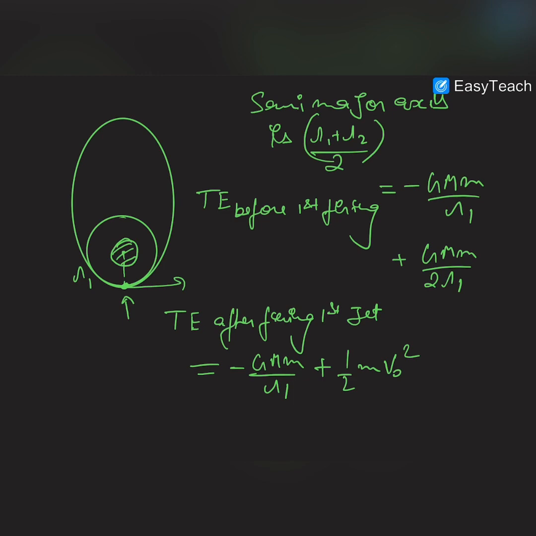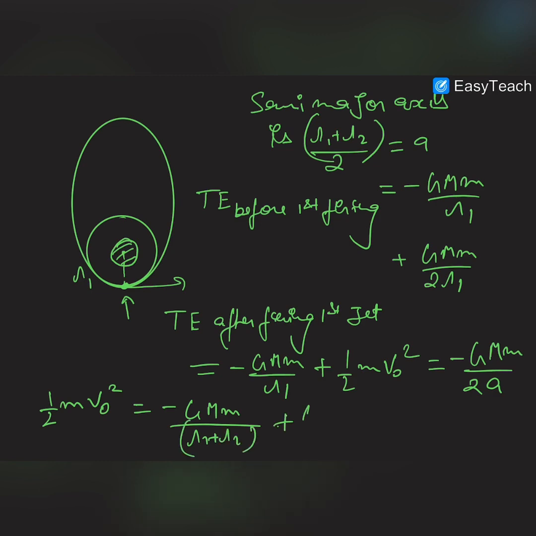The total energy will change obviously, and the new total energy will be equal to minus G M m by 2a, where a is the semi-major axis, which is r1 plus r2 by 2. So you can see that half m v0 square is equal to minus G M m by r1 plus r2, plus G M m by r1.